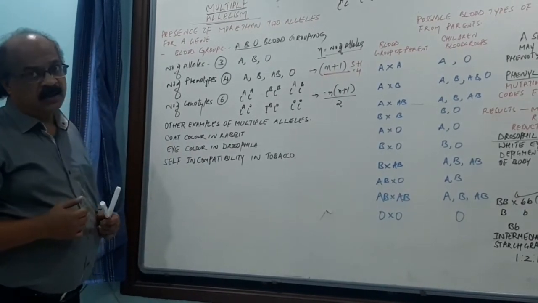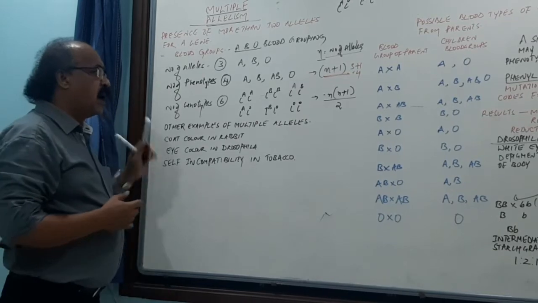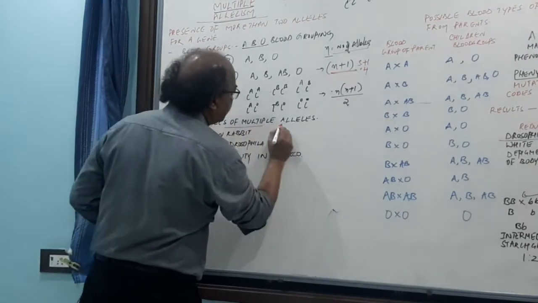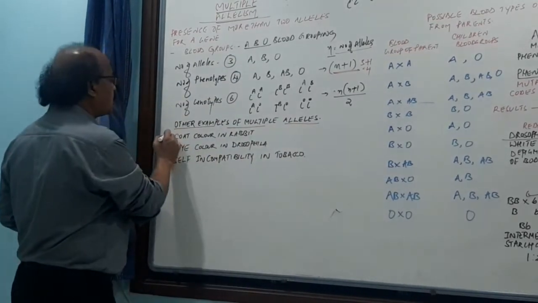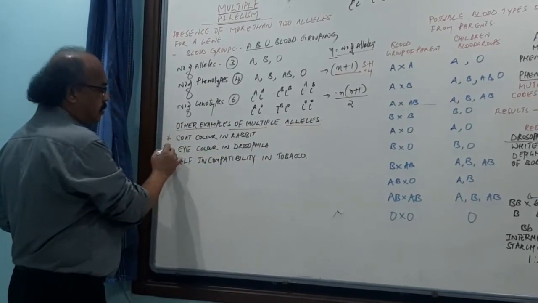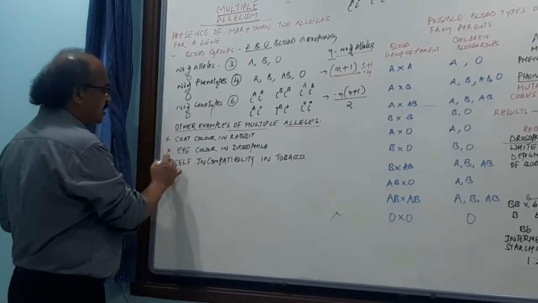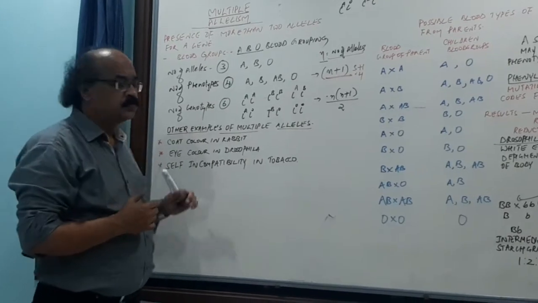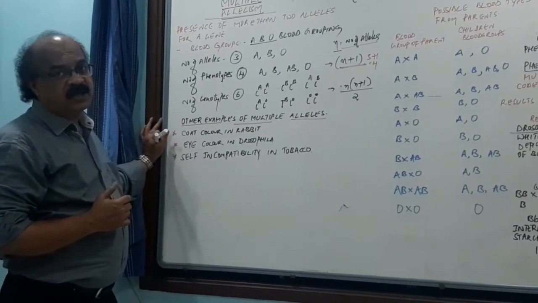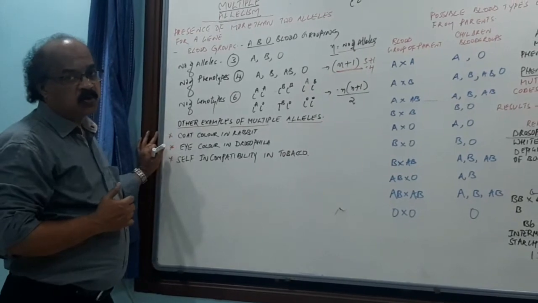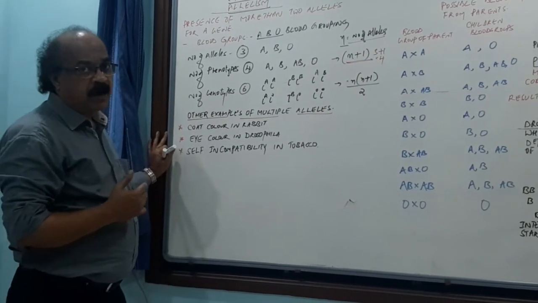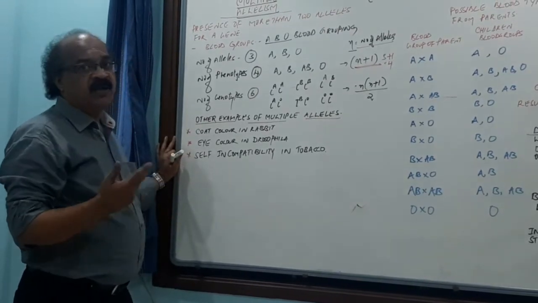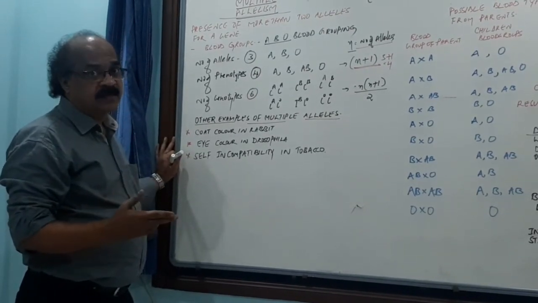Other examples for multiple alleles: coat color in rabbit, eye color in Drosophila, self-incompatibility in tobacco. In all these cases, they are having more number of alleles.